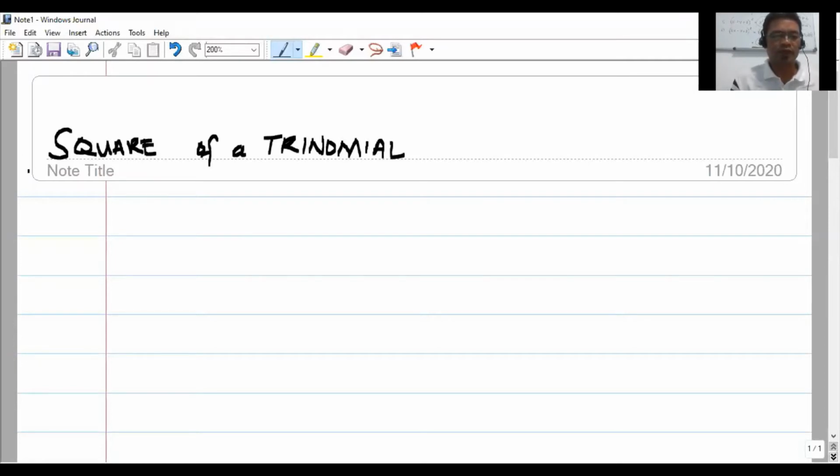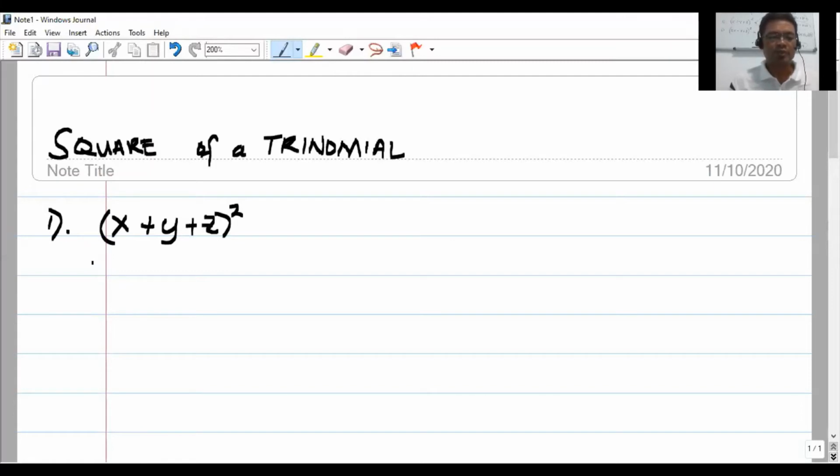We have A, or number 1, (x + y + z) squared, okay? So the square of trinomial x plus y plus z. So here we have our first term, our second term, and our third term, okay?